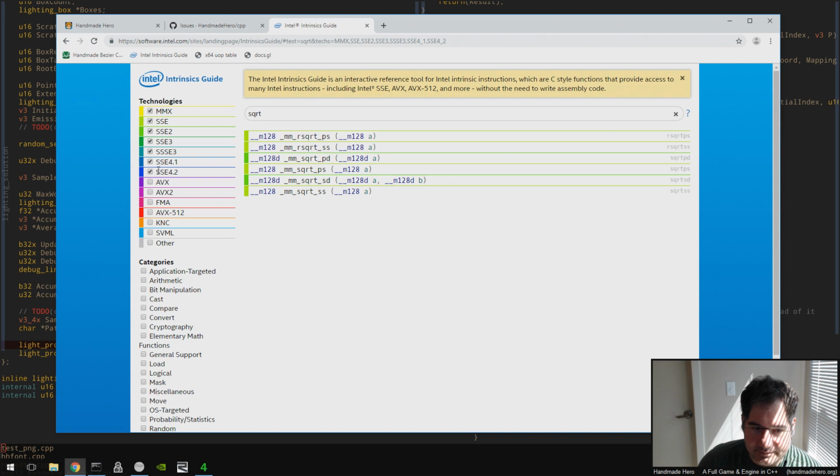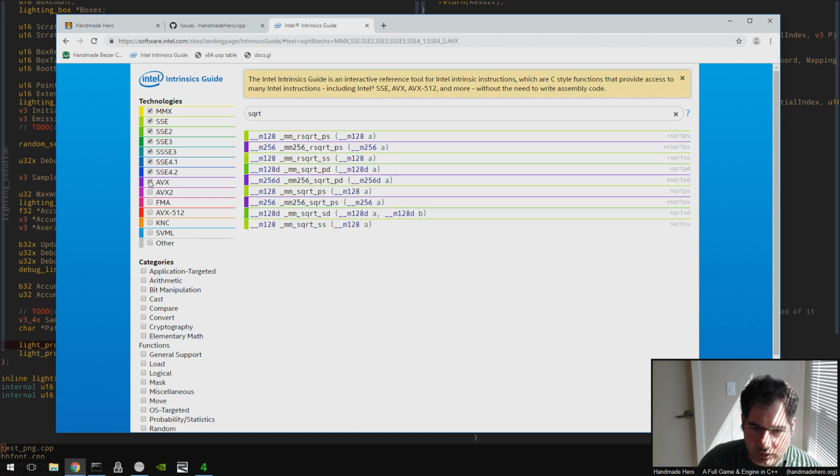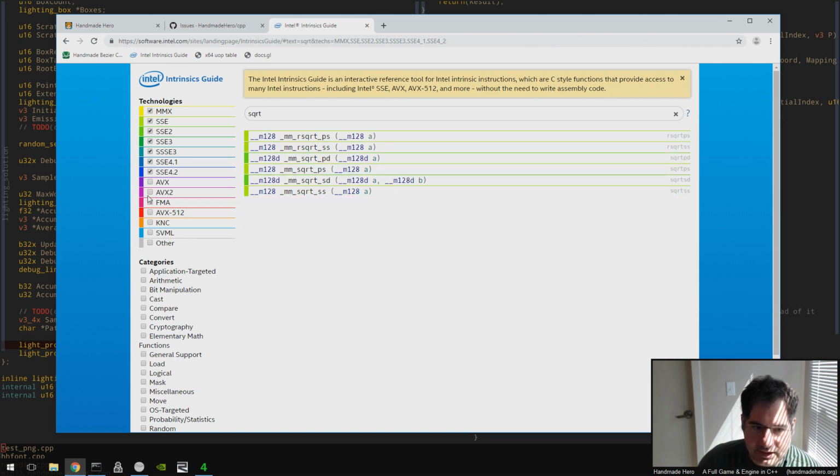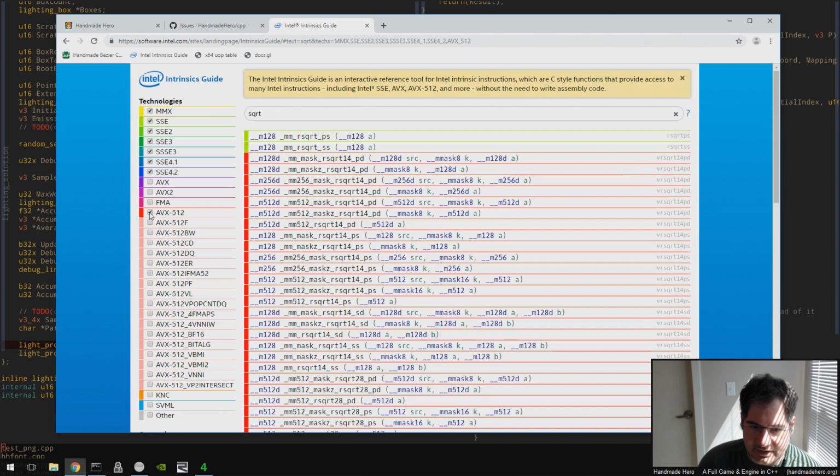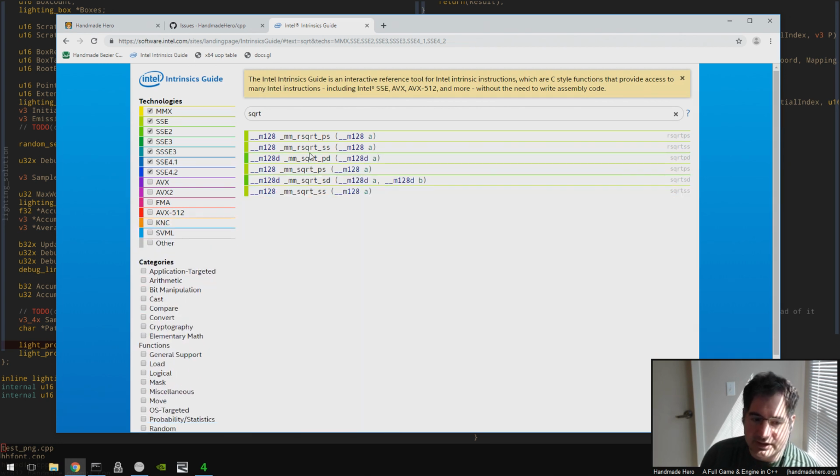So that's this. Now, soon, most people will also have this, right? And maybe even that. But at the moment, we're just talking about this. As you can see, most of these are there. Once you get to this, you're out into huge numbers of intrinsics depending on where you're using masking and all this, how wide you're doing it and so on. But, point being, this is mostly where we're at.